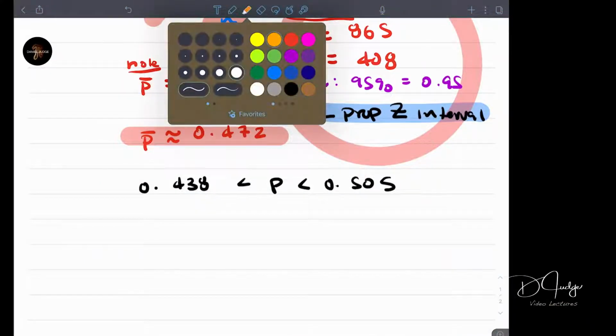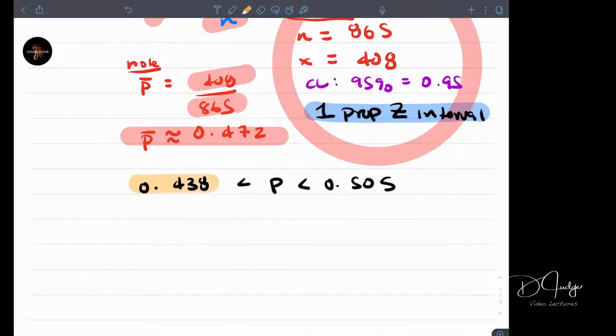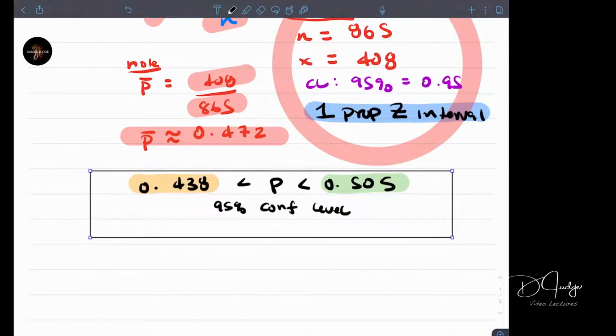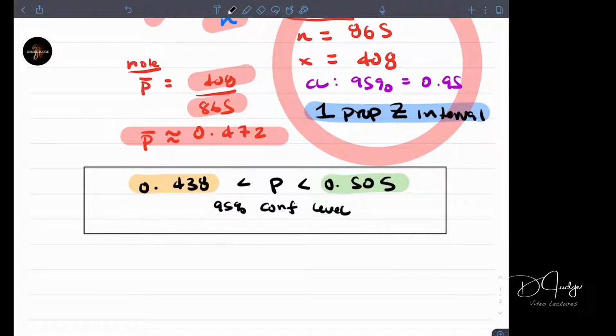So we now have our lower bound estimate, our upper bound estimate, and we can say this is good for the 95% confidence level. And so, yes, ladies and gentlemen, 43.8% and 50.5% are in favor of this particular bill, whatever this bill is. So this is how we answer question number 1.